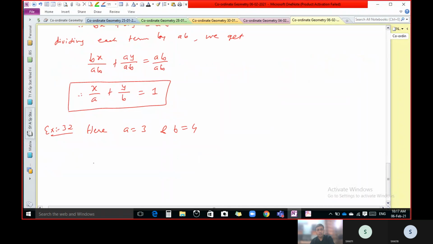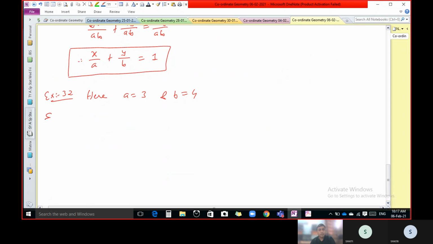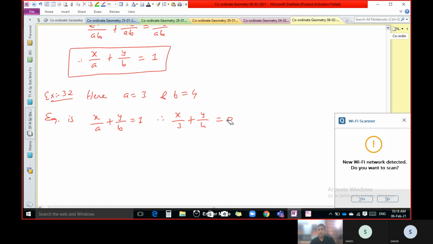We use this formula and put in the values: x upon 3 plus y upon 4 equal to 1.